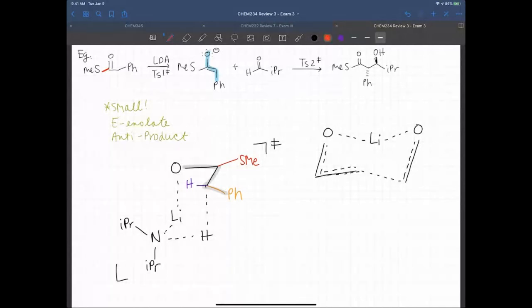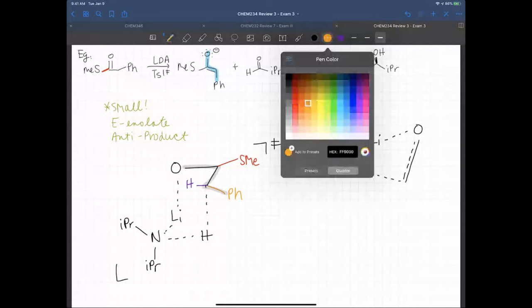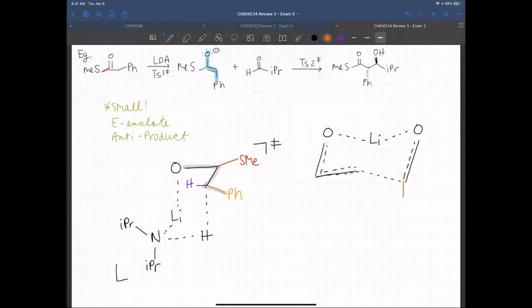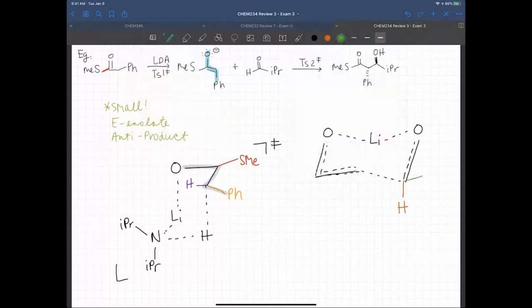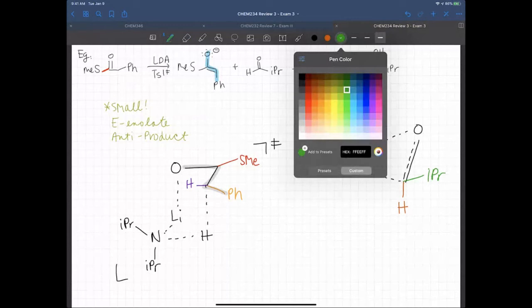Again, just because it's a small enolate that I'm working with, does it change the position of the hydrogen here? Do I still put a hydrogen? Yeah, it doesn't change, right? So hydrogen will always be there, which means what's my other R group now? The one that I'm missing. Isopropyl. Excellent.